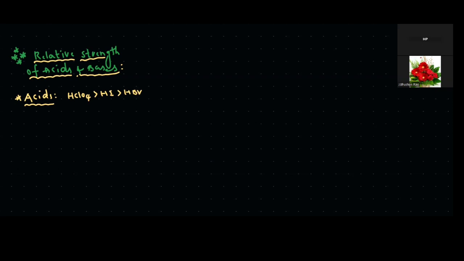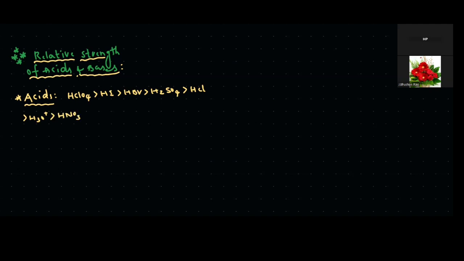Then H2SO4, sulfuric acid, is a stronger acid than hydrogen chloride. And next, hydronium ion H3O plus easily releases H plus ions. Now this acidic character is also higher than other acids, that is nitric acid, HNO3.